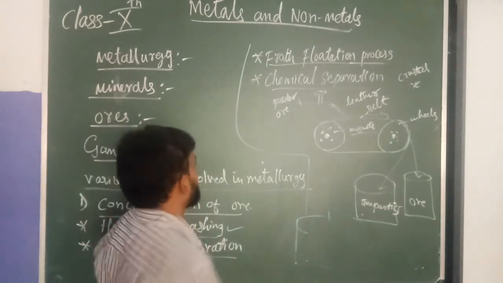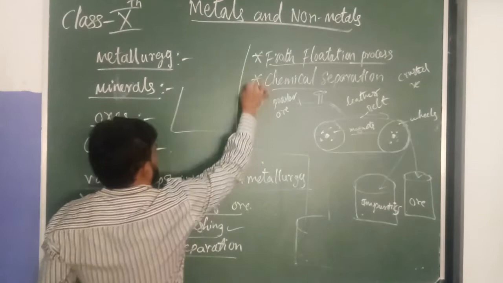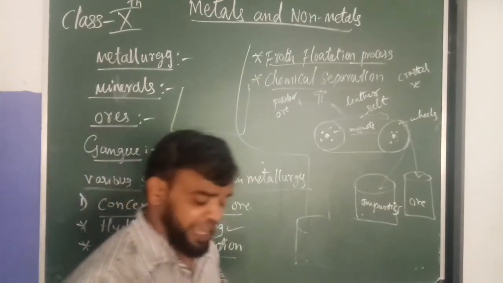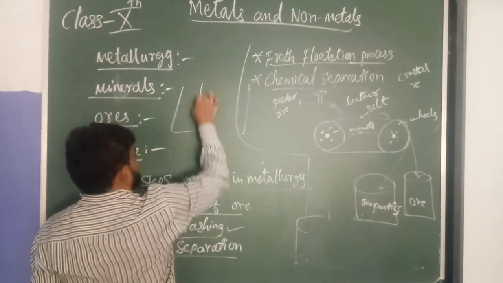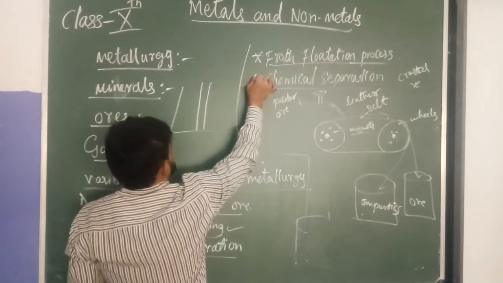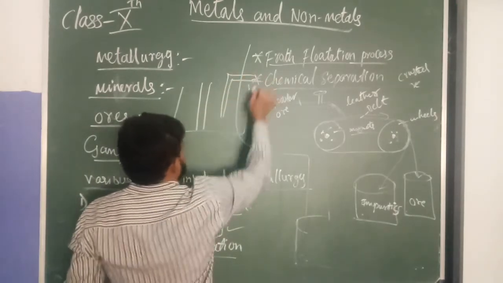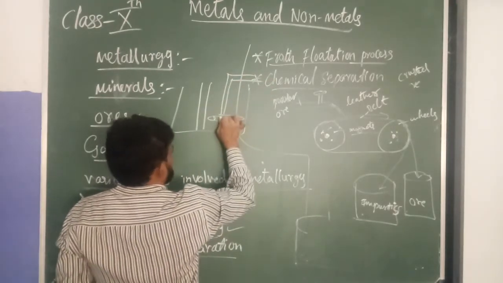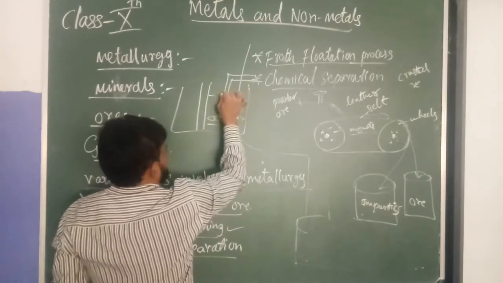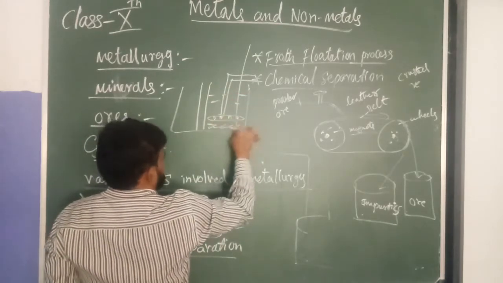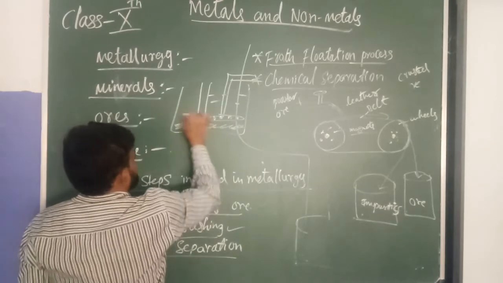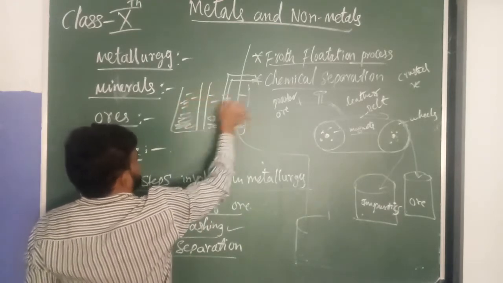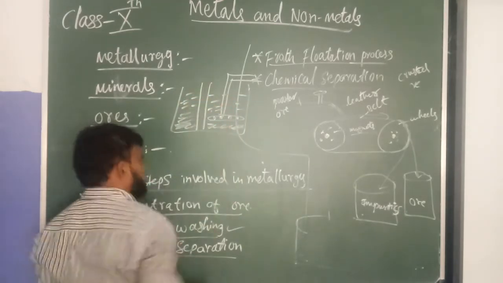We have to take tank one. This is a tube of the air condenser. This is connected to the water. Then the impurities will be left here also, and this is the remaining part above.